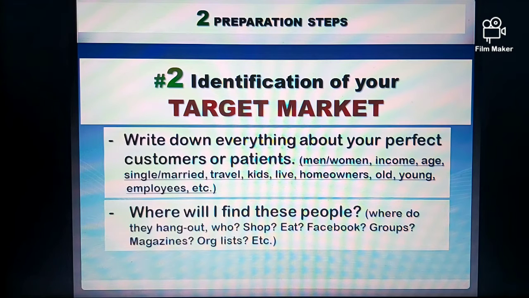You actually don't have to do that. All you have to do is know where they hang out, where they shop, where they eat, and you can also use Facebook groups, magazines, organization lists. As said, a homeowners list is also a great avenue. The dental group is also a very good avenue.